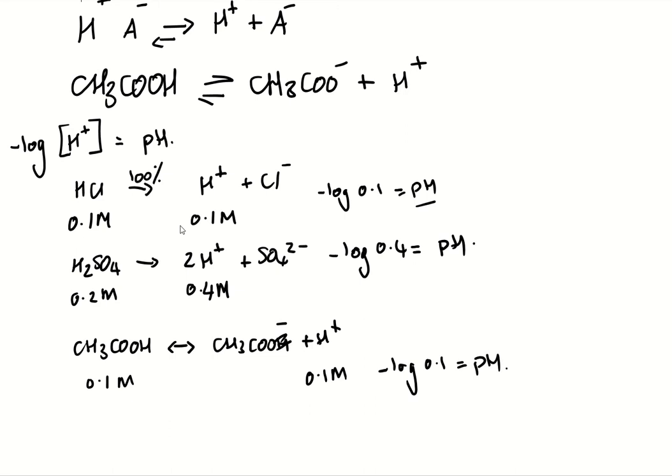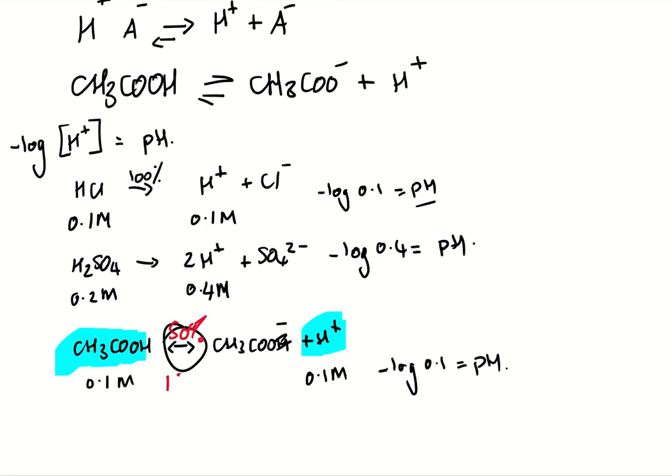Well, the reason is this: we know that weak acids do not ionize 100%. So we can't make this connection anymore, like we did with strong acids, between the concentration of the acid and the concentration of the hydrogen ion. We don't know the concentration of the hydrogen ion. We talk about the weak acid ionizing partially, but does it ionize 50%?